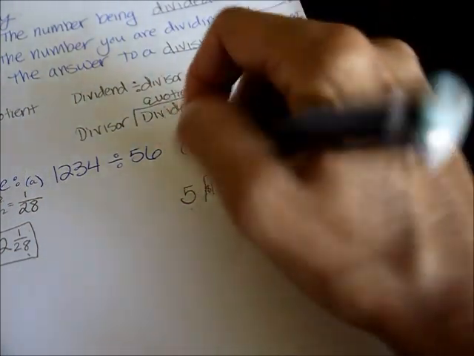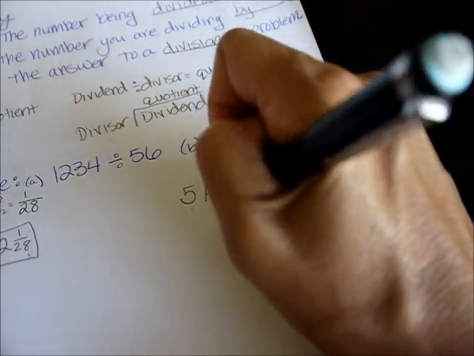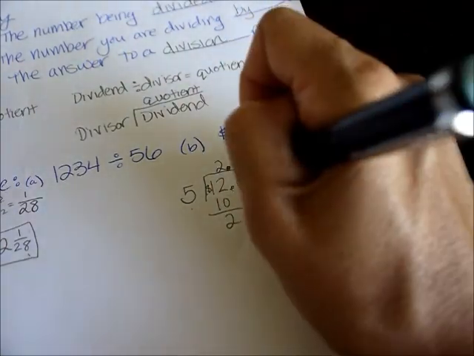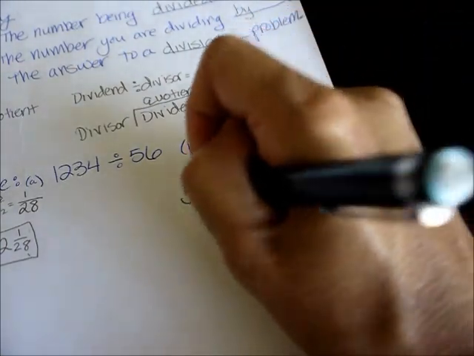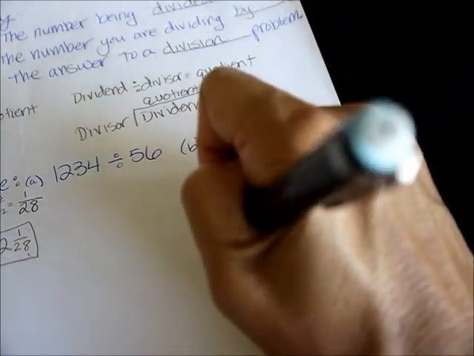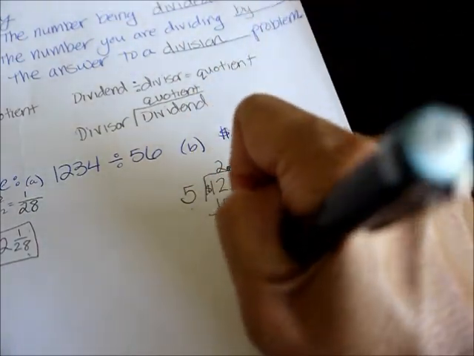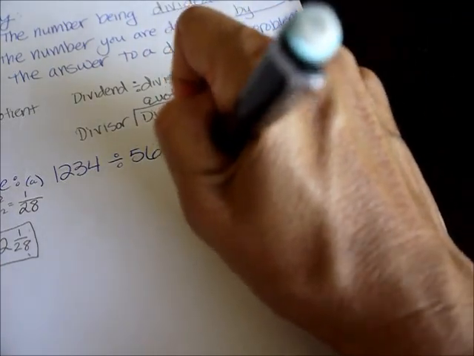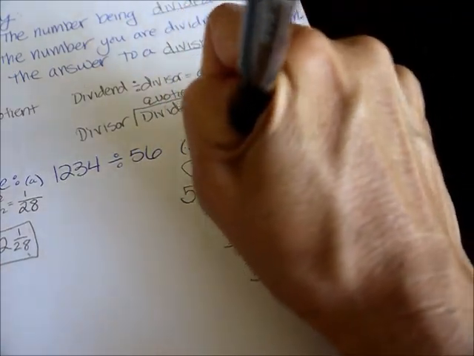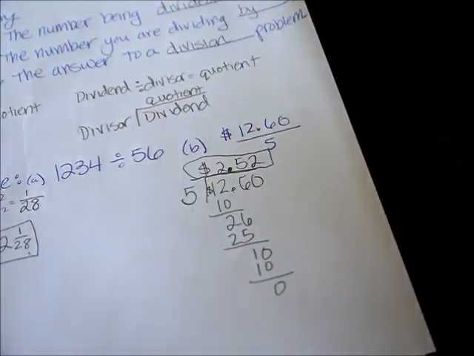All right, 12 divided by 5 is 2. Subtract, bring down the 6. 26 divided by 5 is 5. Subtract, bring down that 2. And there we go, $2.52. Okay, so make sure that's what you have.